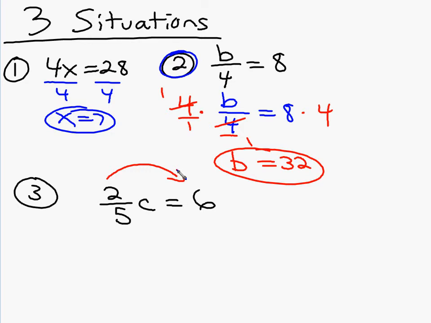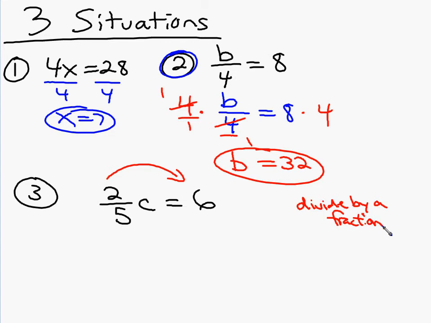Well, how am I going to do that? This says 2/5 times c. So that means I'm going to divide both sides by 2/5. But wait a minute. If I divide by a fraction, when I divide by a fraction, do you remember the rule?